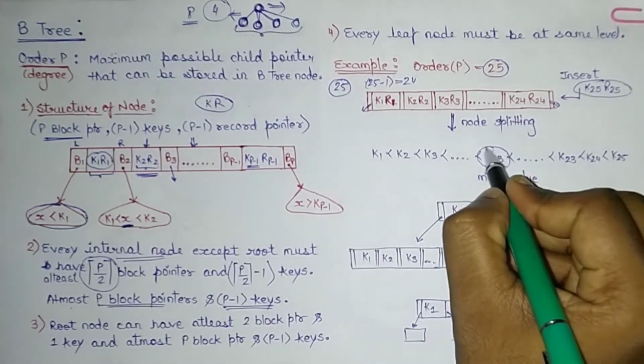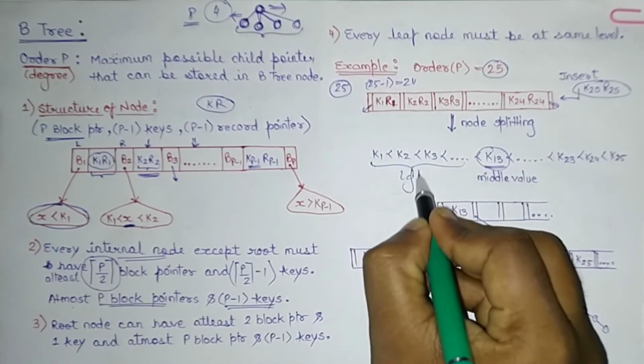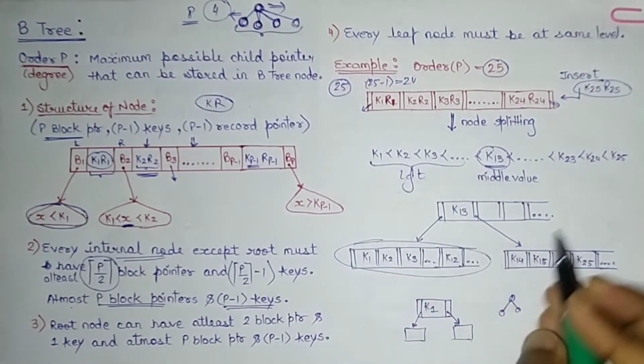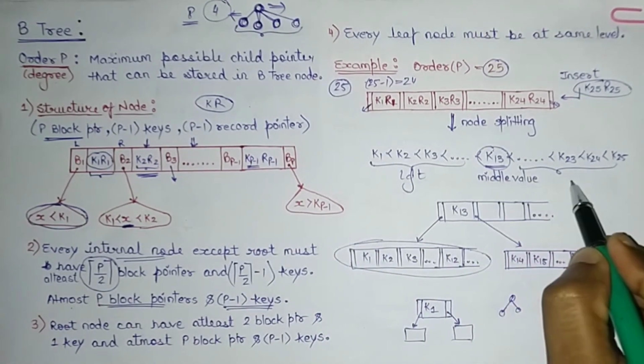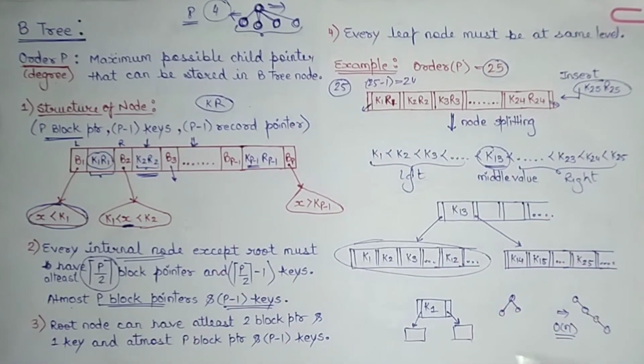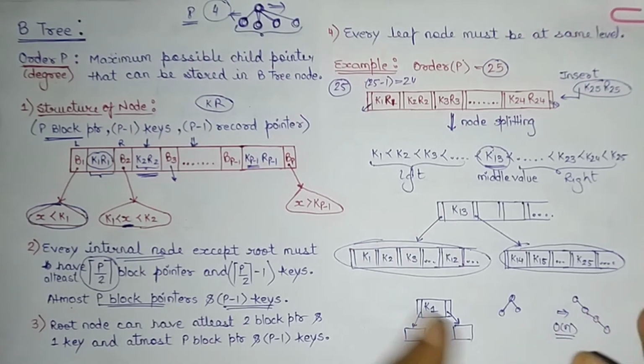We will make this the root, and all the values on the left-hand side will be taken to a specific node like this, and all the values on the right-hand side will be taken to another index block, another block like this.